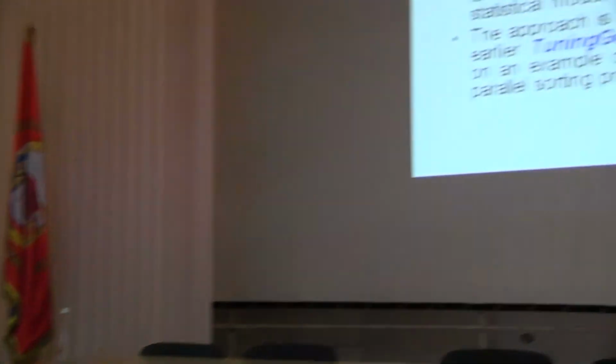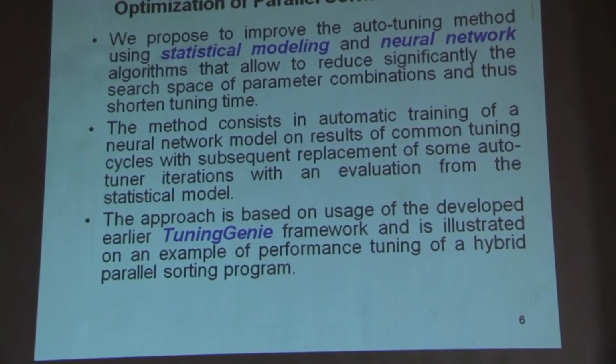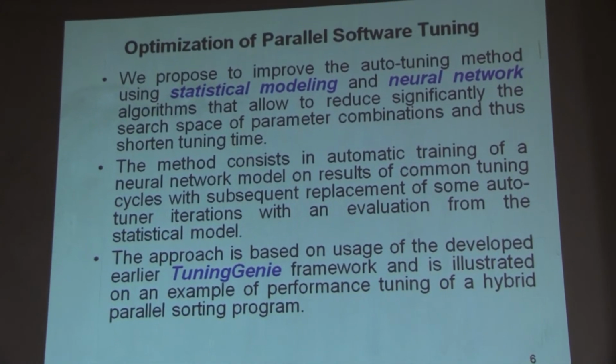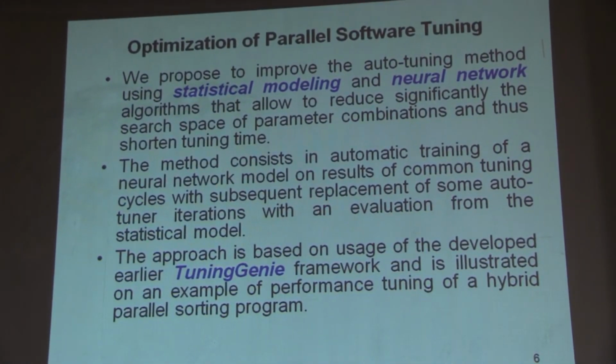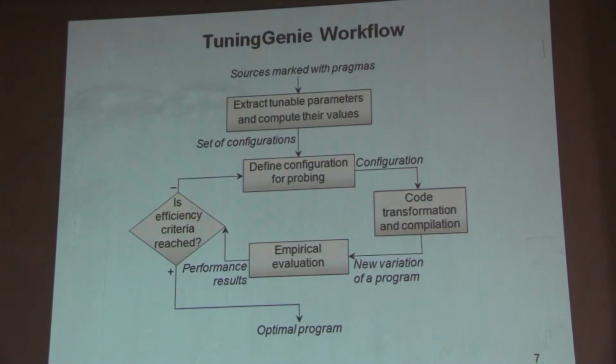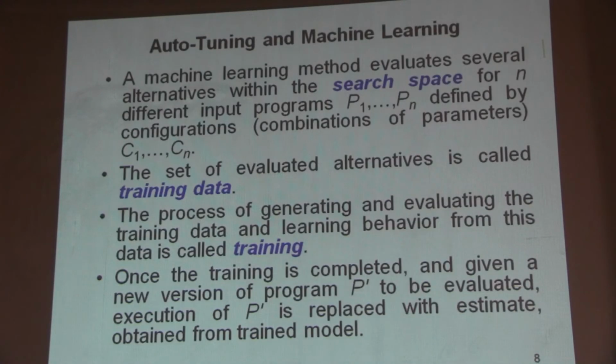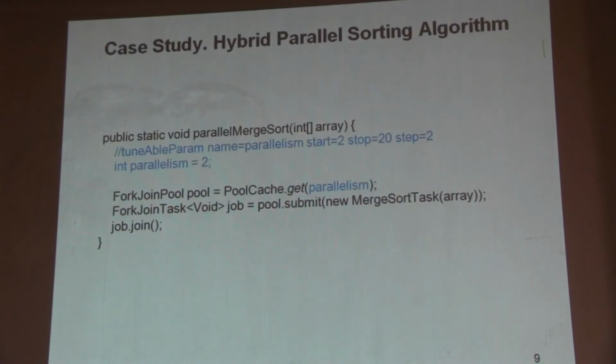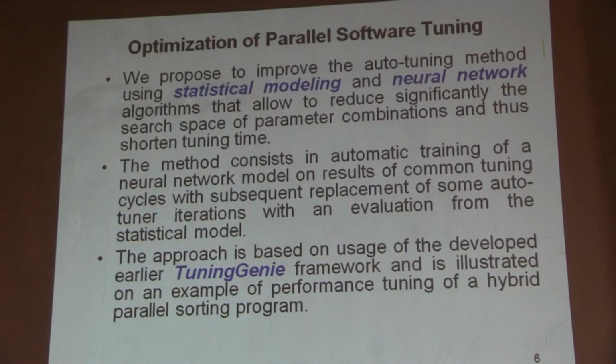The proposal was to improve auto-tuning, and for this work we did the following. We had a demo program. The demo program was about a hybrid parallel sorting algorithm, and we just gathered the data from all launches.